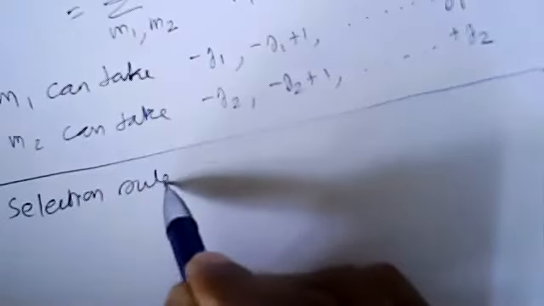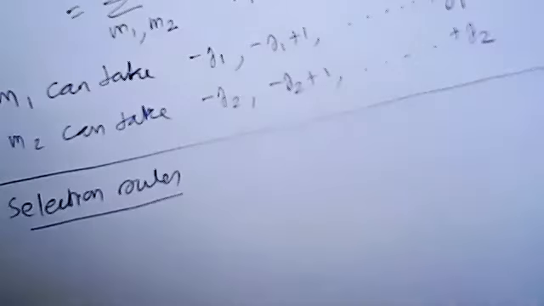Now, before evaluating the Clebsch-Gordon coefficient, I will say there are some selection rules for which the Clebsch-Gordon coefficient exists, is not zero.